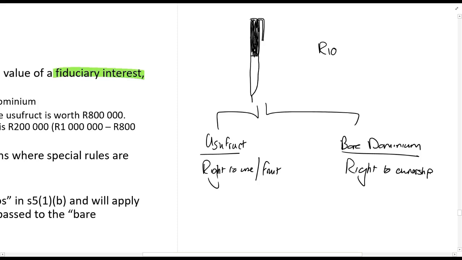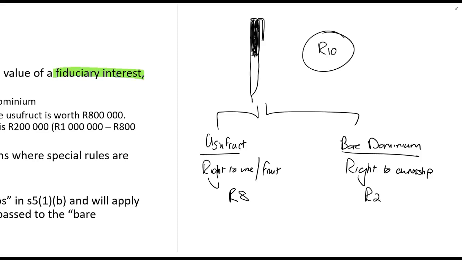Okay, now the right to ownership obviously means that the person can buy or can sell the pen. Now, usually you have both of these. But it is possible for you to split this out for an asset and have a usufruct and a bare dominium. So the usufruct might be worth 8 rands, and if the total pen is worth 10 rands, then the bare dominium will be worth 2 rands.